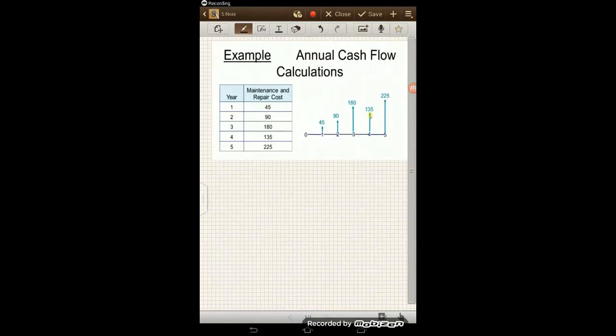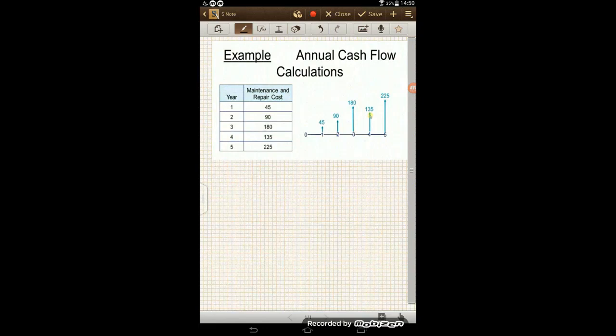In our third question, we have a maintenance and repair cost. The first year is $45, the second year is $90, the third year $180, the fourth year decreases to $135, and then the fifth year is gonna be a $225 cost.